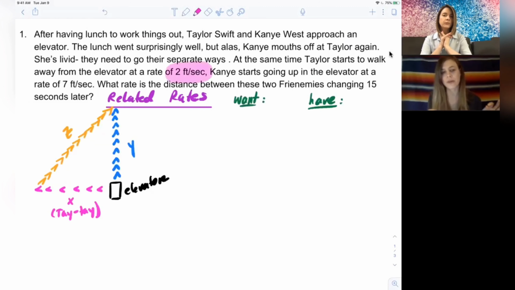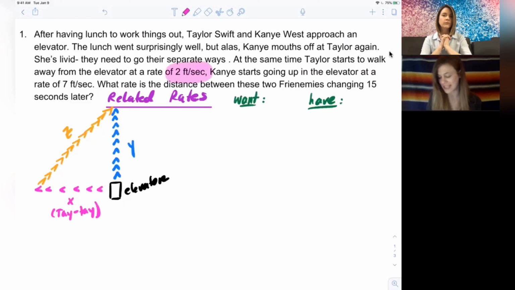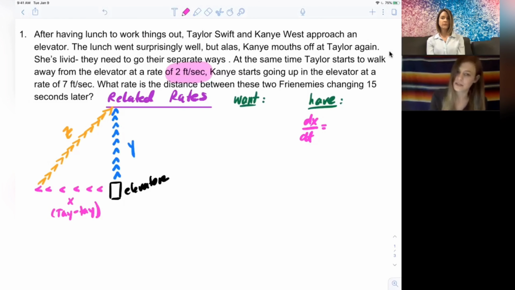We want to write that in the proper notation: dx/dt, because x really is a function of time. Another way to say this is the rate at which x is changing with respect to time. So dx/dt is equal to 2.